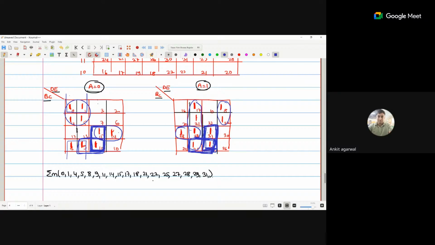Okay, two overlapping groups. Now we can see that in the previous overlapping group, the last row, okay, 25, 27 and 9, 11. So basically if we remove this group, is there any effect? I'm just going to remove this group.